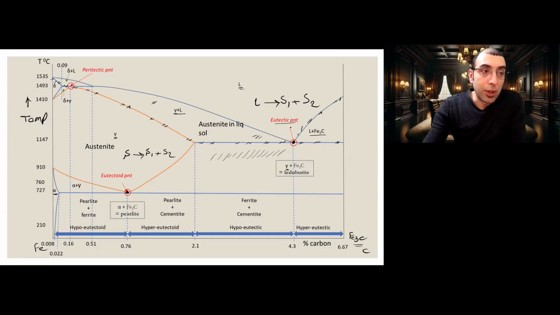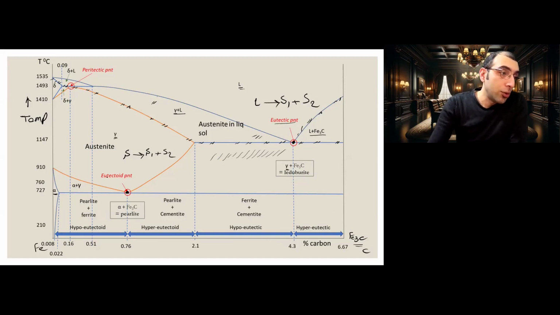So for example, the amount of carbon for the eutectic point is 4.3%. If an alloy has, let's say, 3%, we call it hypoeutectic. And for all the alloys that come after this eutectic point, we call hypereutectic alloys. So if you have an iron carbon alloy that has 5% of carbon, then we call it a hypereutectic alloy because it has more carbon than 4.3%.